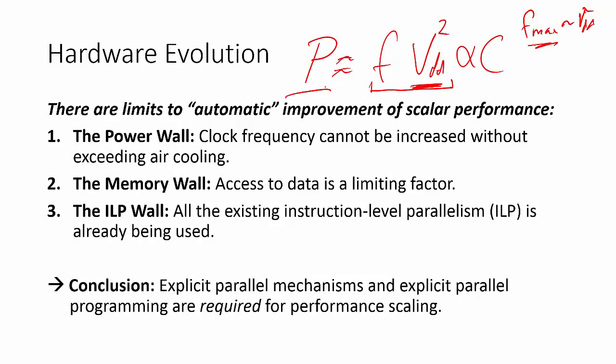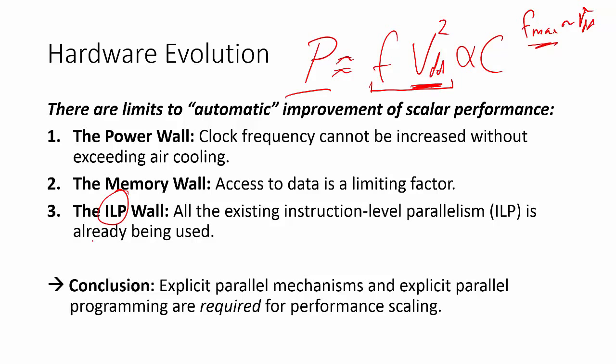All the modern high performance processors are also parallel in the sense that they can utilize instruction level parallelism, or ILP. However, it's been extremely difficult to extract more instruction level parallelism out of programs.